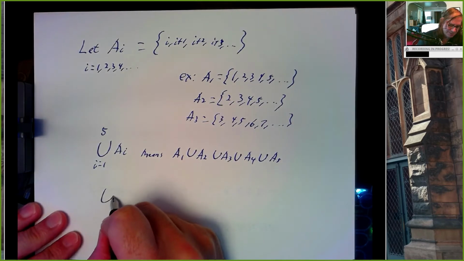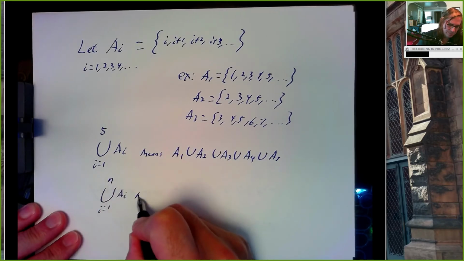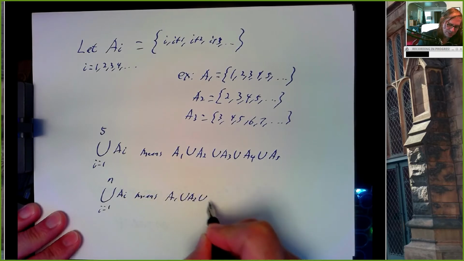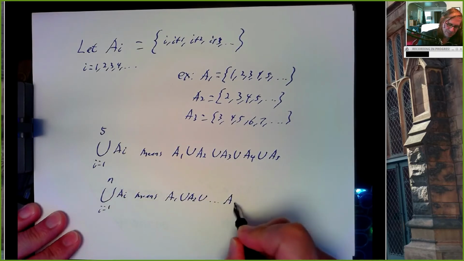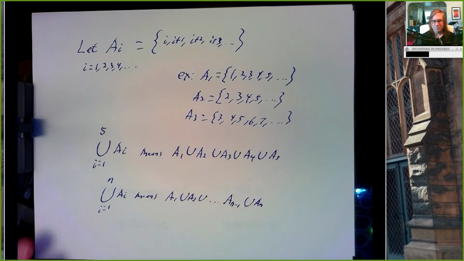And if I use a variable, this means A1 union A2 union ... A(n minus 1) union A(n). Everybody okay with that notation? Yeah.